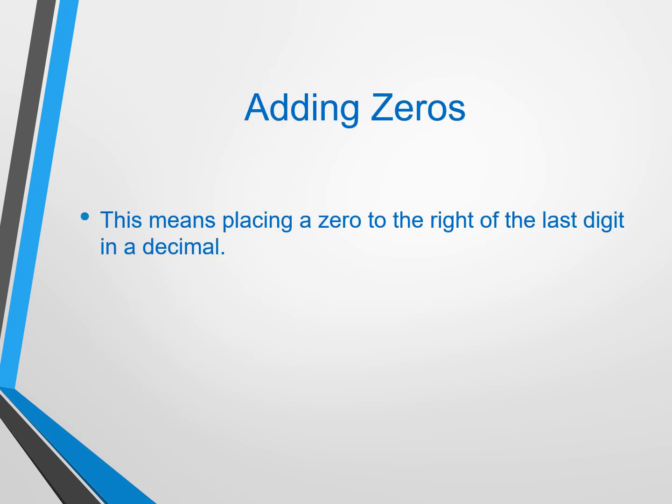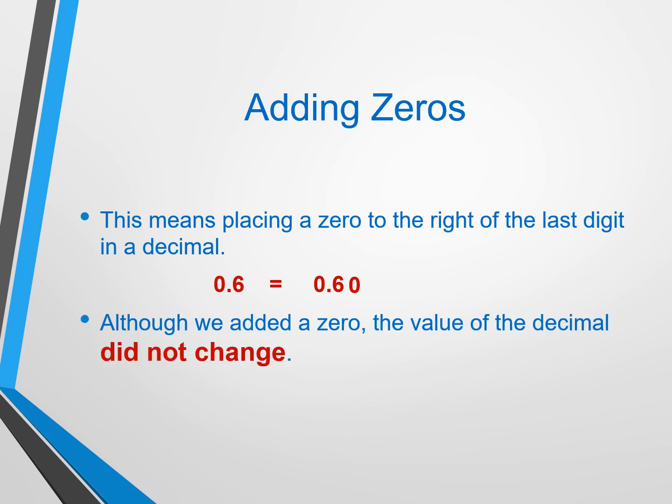So, adding zeros means placing a 0 to the right of the last digit in a decimal. For example, 6 tenths is equal to 60 hundredths because although we added a 0, the value of the decimal did not change. Remember that?